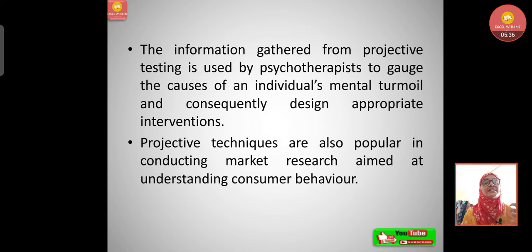Projective techniques are also popular in market research aimed at understanding consumer behavior. If the researcher wants to understand consumer behavior in the business field, they will take such projective tests.